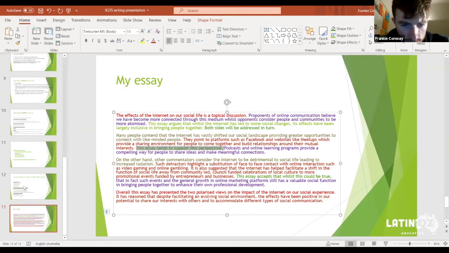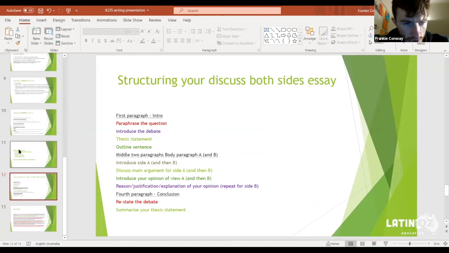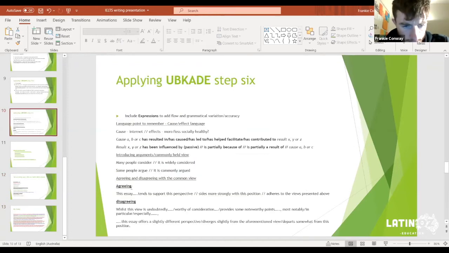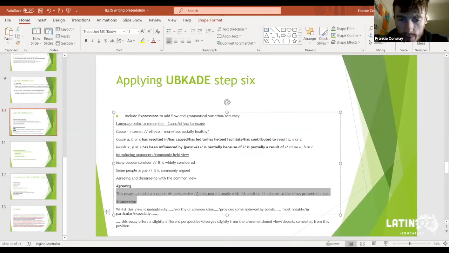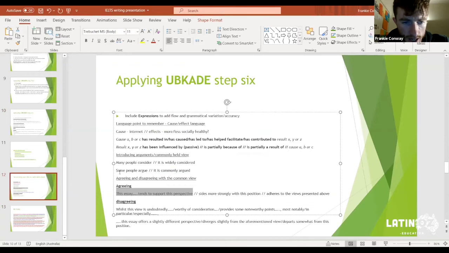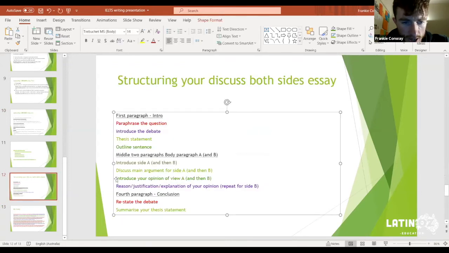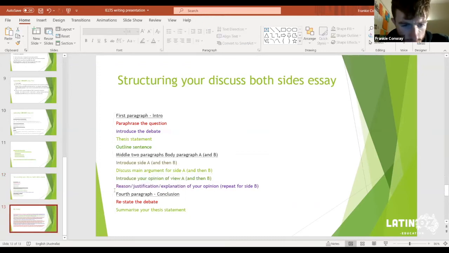And guys, going back to the language of agreeing and disagreeing, when you agree, this essay tends to support this perspective. That's one option. So I've given my opinion about that side of the argument. Then the reason why I think that.